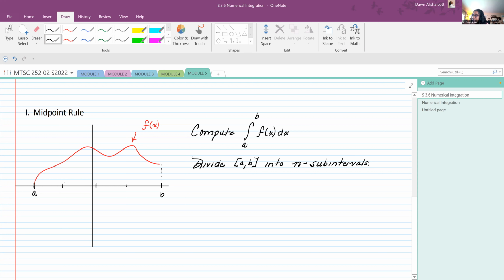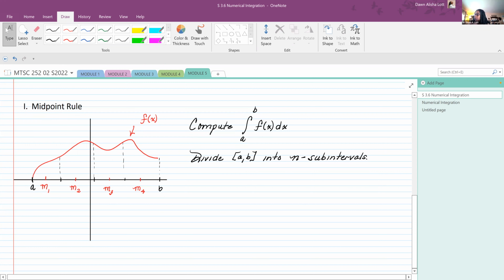And inside each subinterval, I'm going to choose a point, and that point is the midpoint: M1, M2, M3, M4.